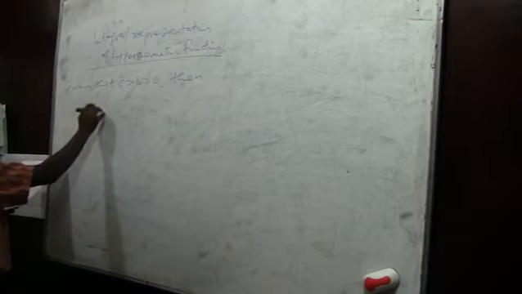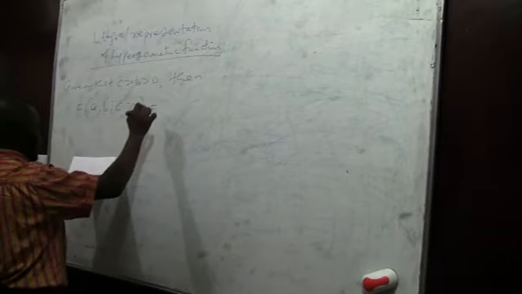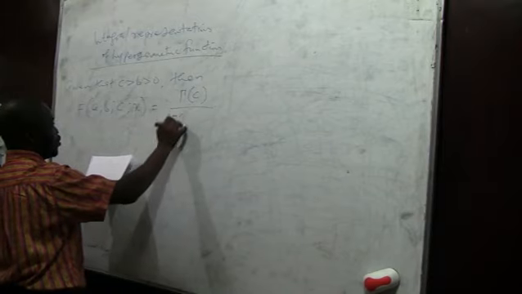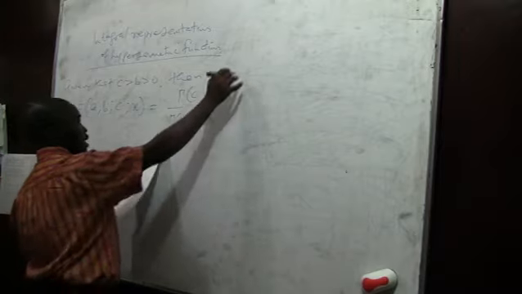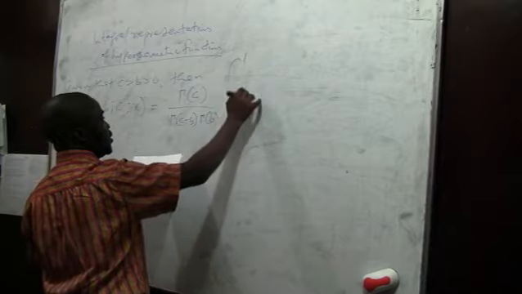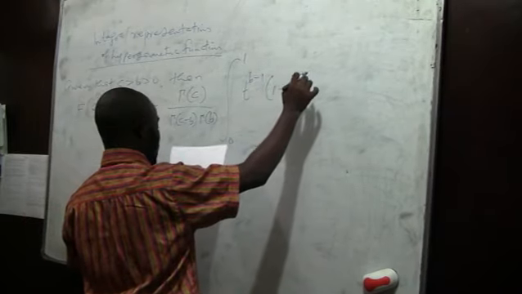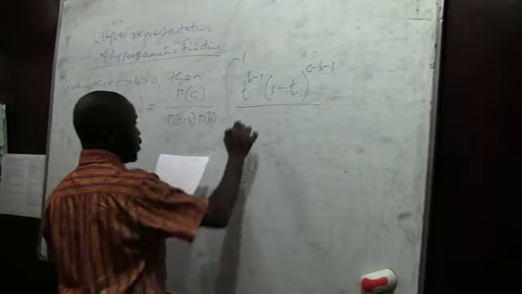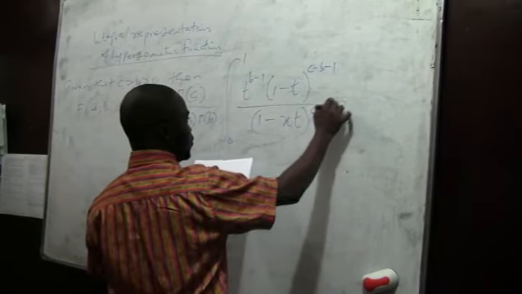hypergeometric function of a, b; c; x can be written as gamma of c divided by gamma function of c minus b, gamma function of b, integral between 0 and 1, t to the power b minus 1, 1 minus t raised to power c minus b minus 1, all divided by 1 minus xt raised to power a, dt.